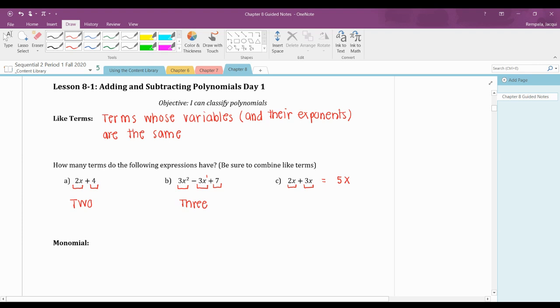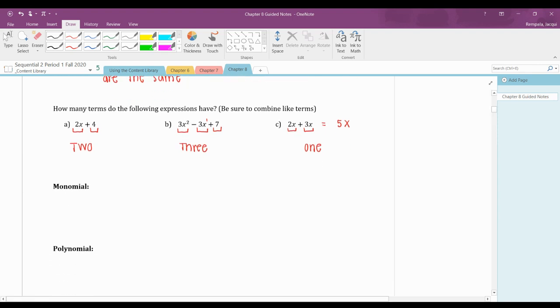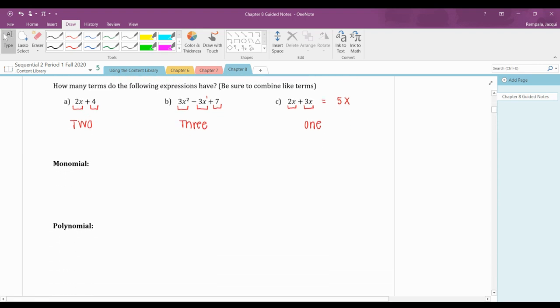And so because that combined into a 5x, I don't have any addition or subtraction signs, and that makes it 1 term. Okay, so we always combine like terms before we identify how many terms there are. So now let's start diving into some more vocabulary. We want to know what it means to be a monomial.